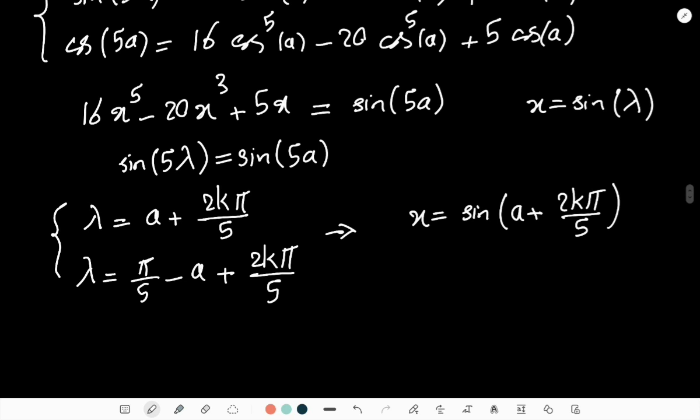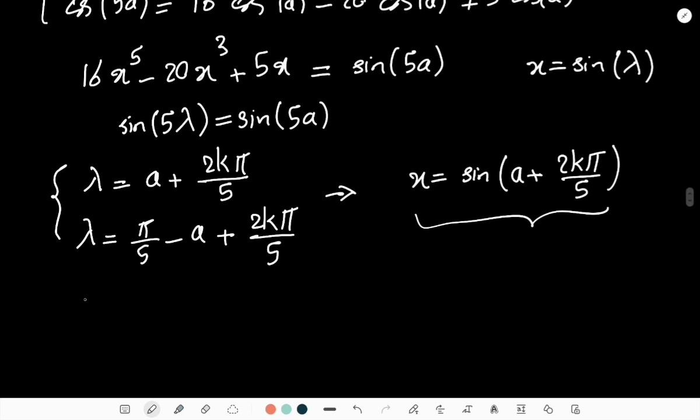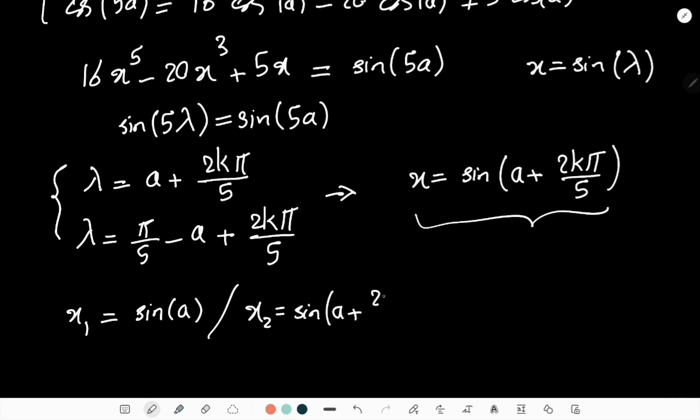I don't do it, but trust me, this is already enough to generate all the responses for x, because this is an equation of order 5 and we know we should have 5 answers. So one x will be basically x1, this is sine of a, and then another x will be sine of a plus 2 pi over 5.